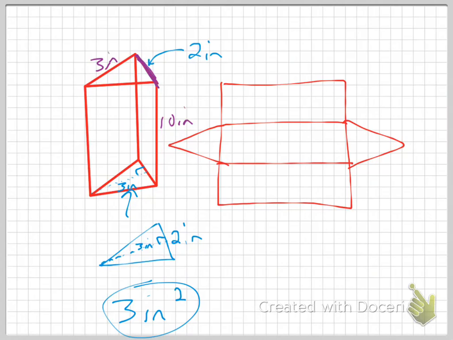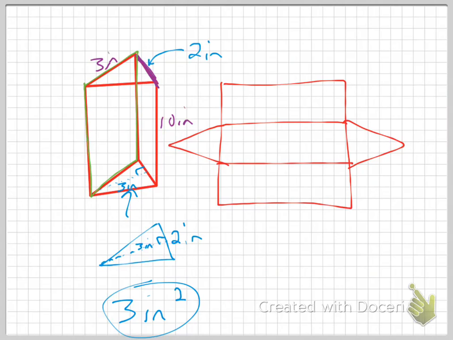Have I given you enough information to tell me what the back there is? How many square inches is the back? It's 30. Why is it 30? Look at that object. I'm going to color it in green so you can see. I want to know what that side is.